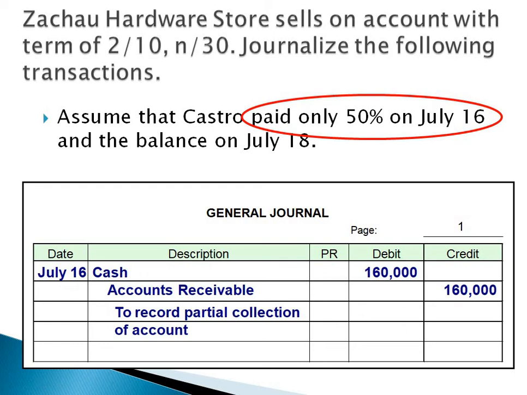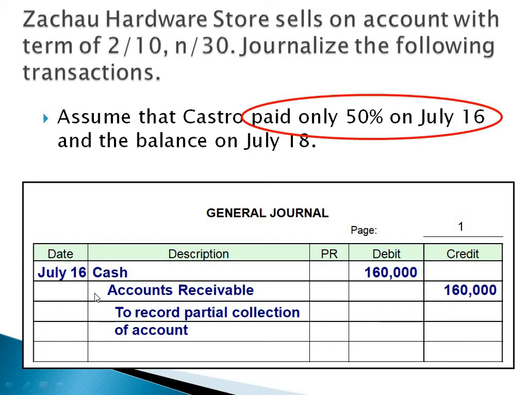Because come to think of it, if Castro is entitled to a discount on its payment on July 18, how much more then must it be entitled now to a discount on its payment 2 days earlier, July 16? On July 16, no discount was given to Castro because the payment by then was only partial.